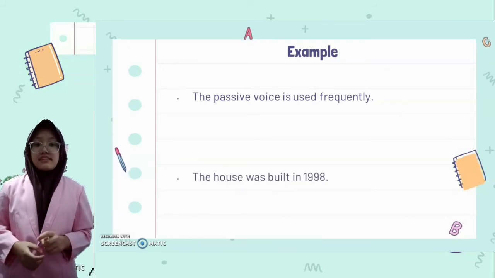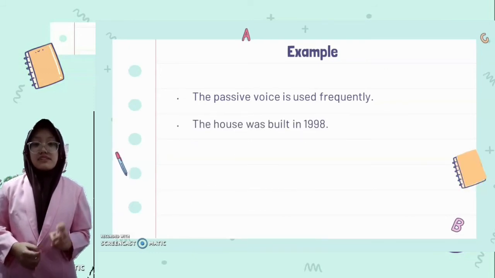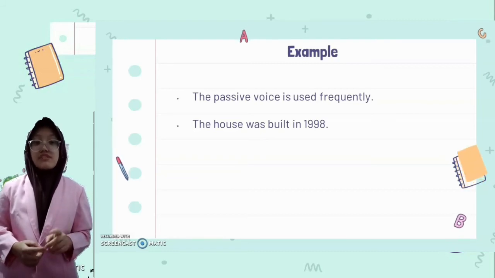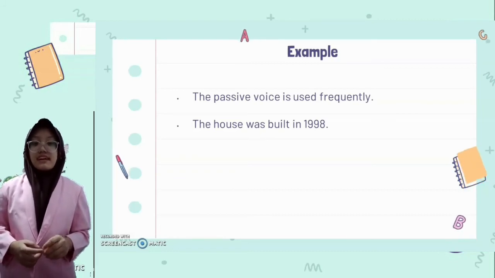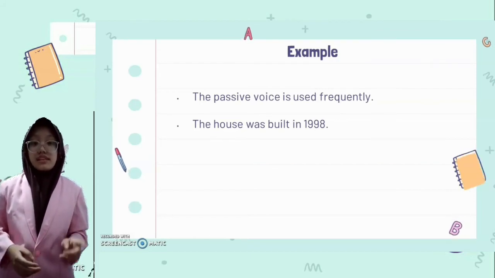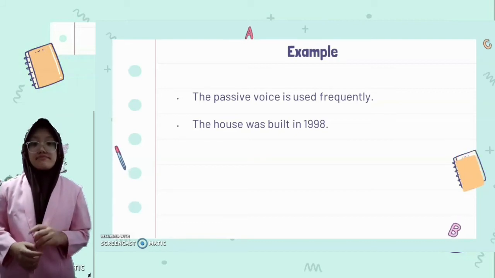And then, the house was built in 1998. Here, we are interested in the house, not in who built it. Sometimes, we use passive voice because we don't know or don't want to say who did the action.